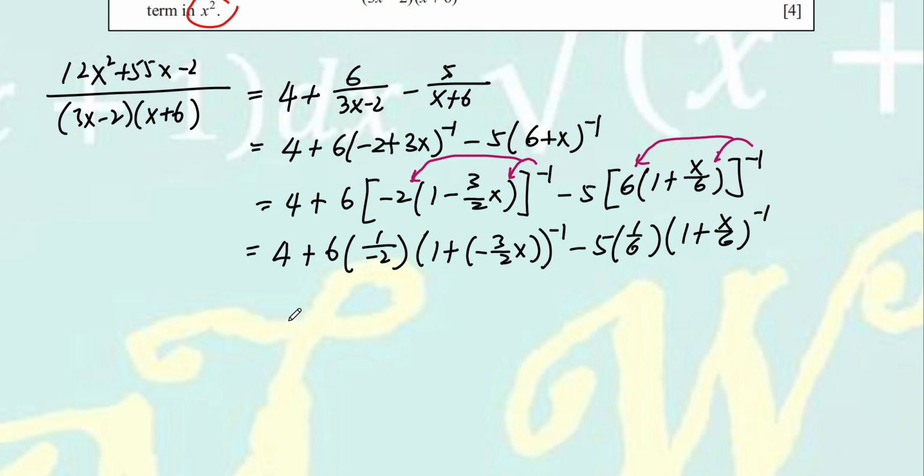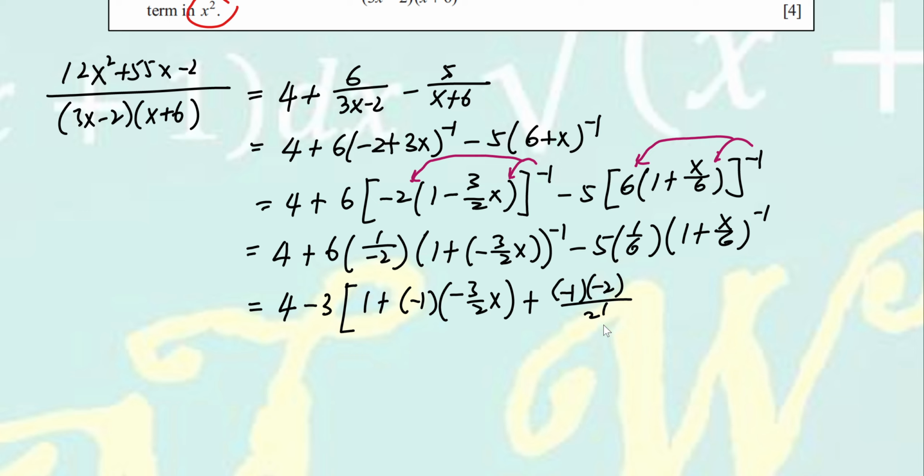And now we do expansion. So 6 times negative half, that is negative 3. So 1 plus, your n is minus 1, your x is negative 3 over 2x. Plus n minus 1 over 2 factorial, then the x squared.